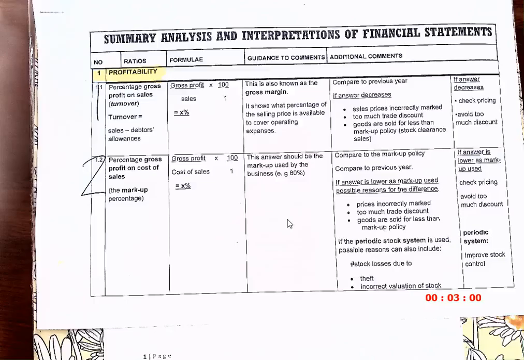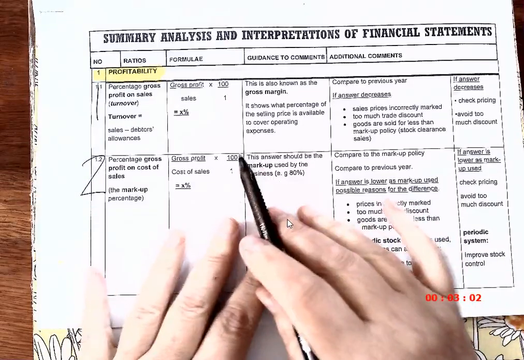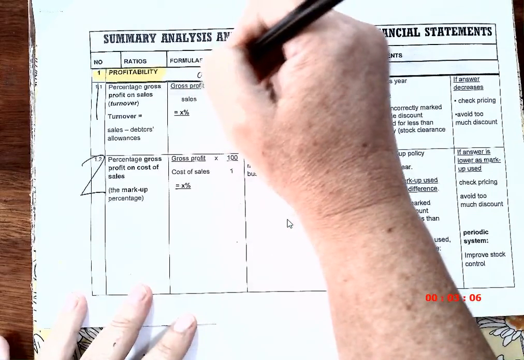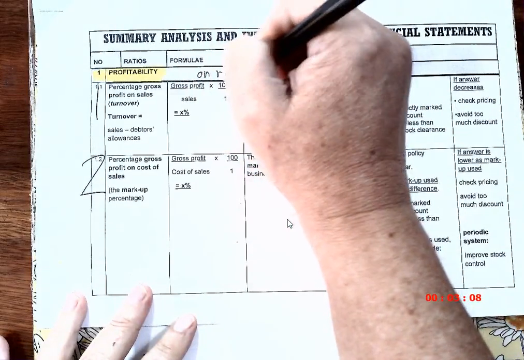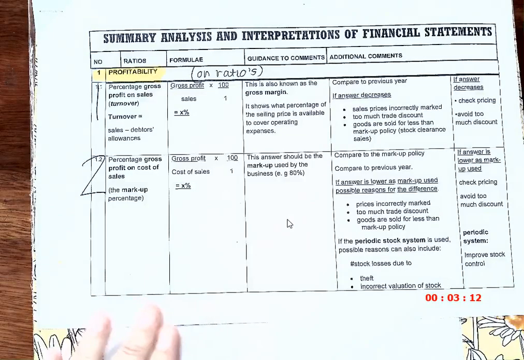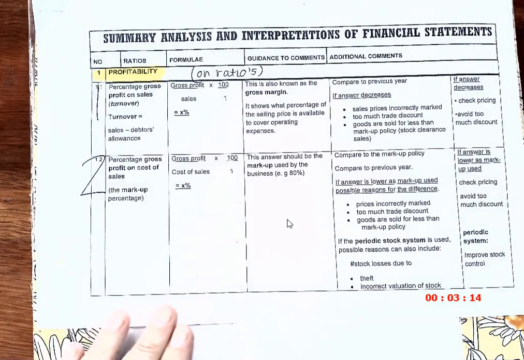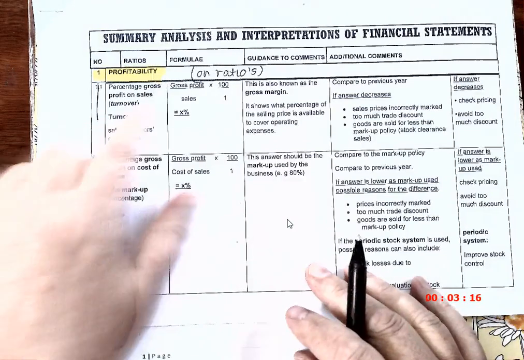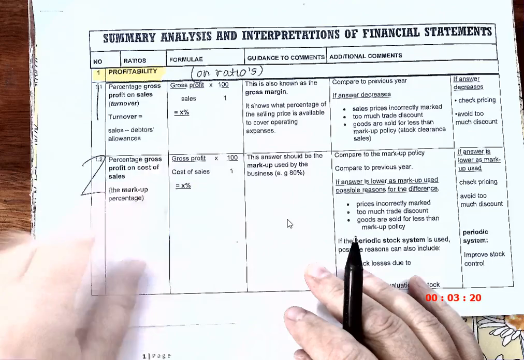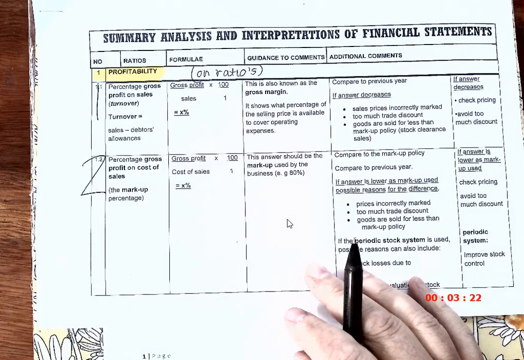Okay. So, if I look at profitability, I call these the "on" ratios. And you'll see all the names of the ratios are something "on": profit on sales, gross profit on cost of sales, and so on.